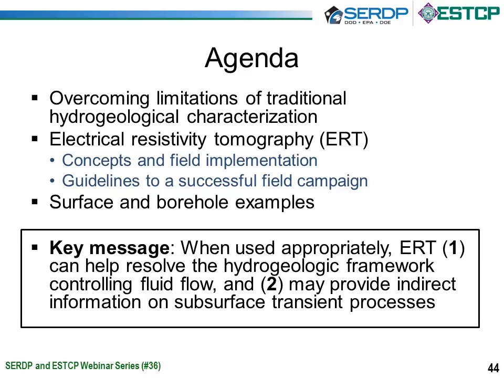So the idea here is not to limit you from using traditional hydrogeologic sampling, but to add ERT to your toolbox of tools to characterize your sites. And it may provide indirect information on subsurface transient processes.